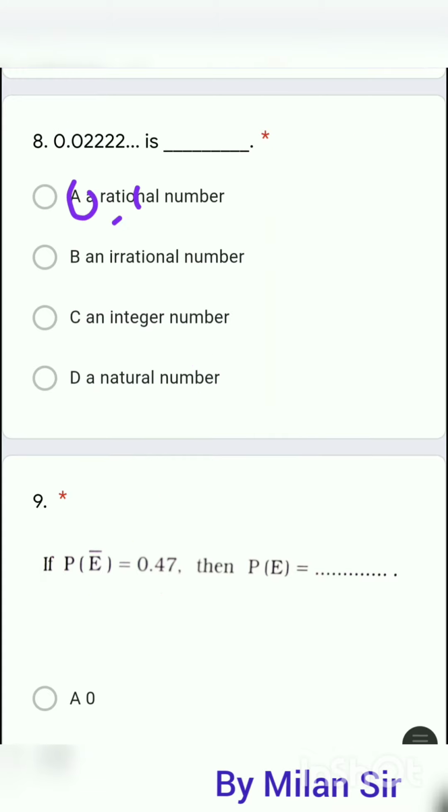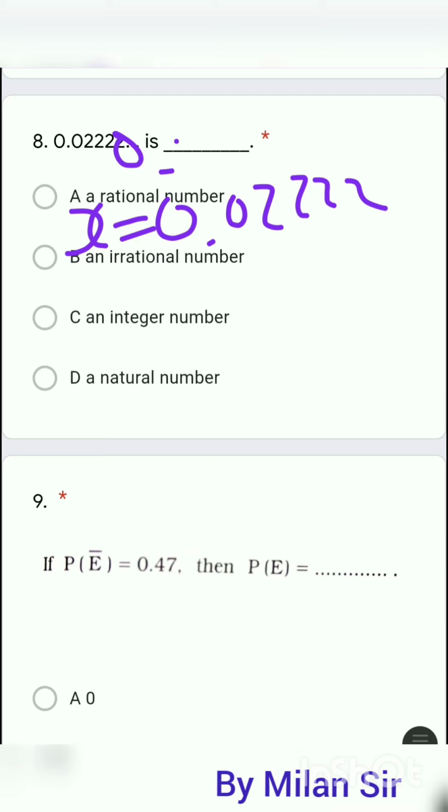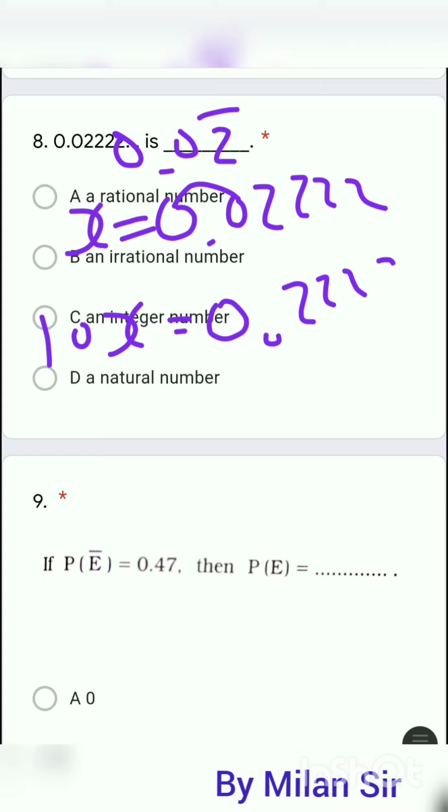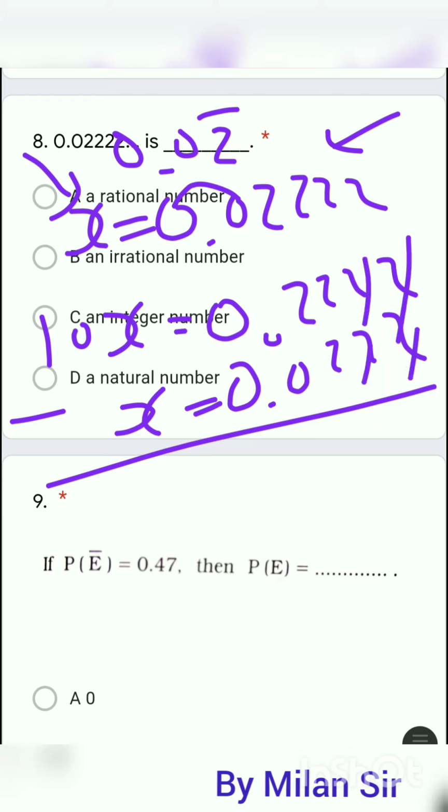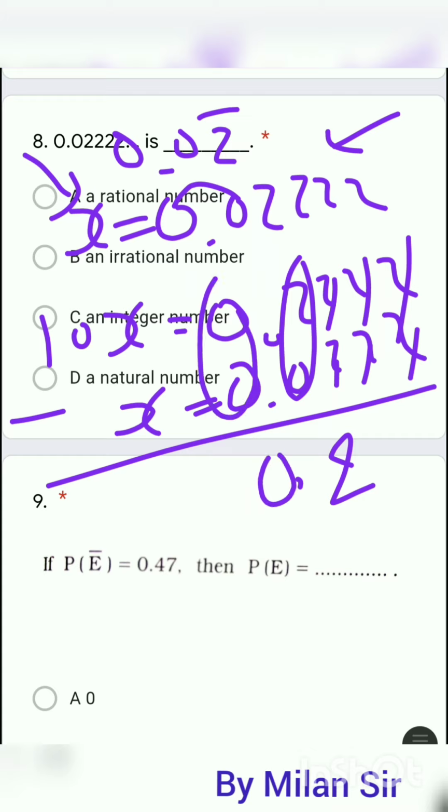Okay, first of all we can assume x is 0.02 bar. Only one digit has the bar sign, so we need to multiply by 10 on both sides, so one digit comes forward, giving 10x is 0.2222, and from that we subtract the equation x is equal to 0.0222 up to infinity. So the 2s cancel, 2 minus 0 is 2, so 0.2 is equal to 10x minus 1x, which is 9x.